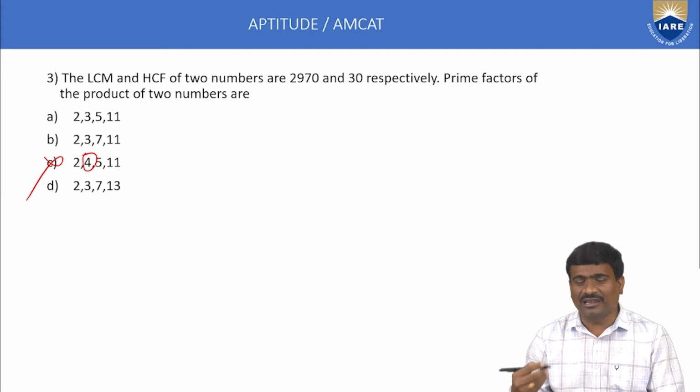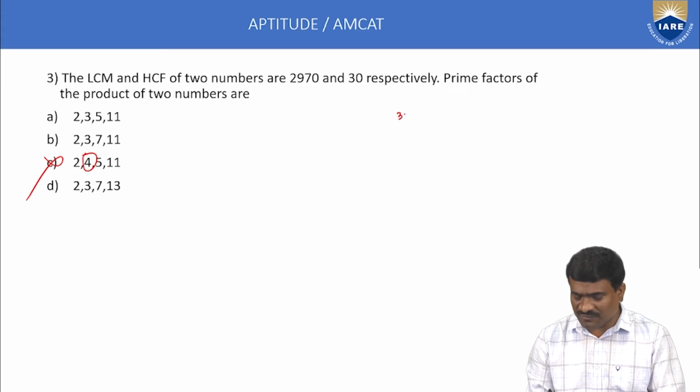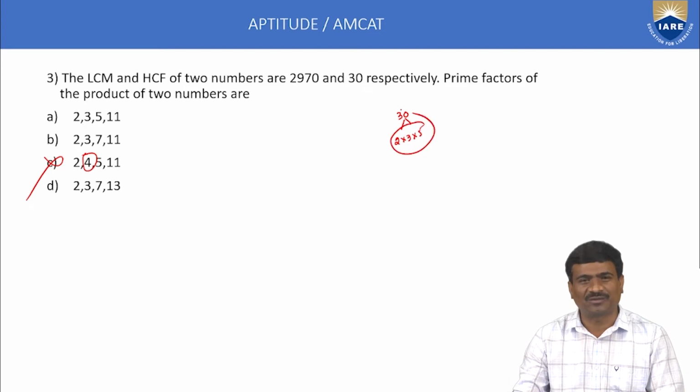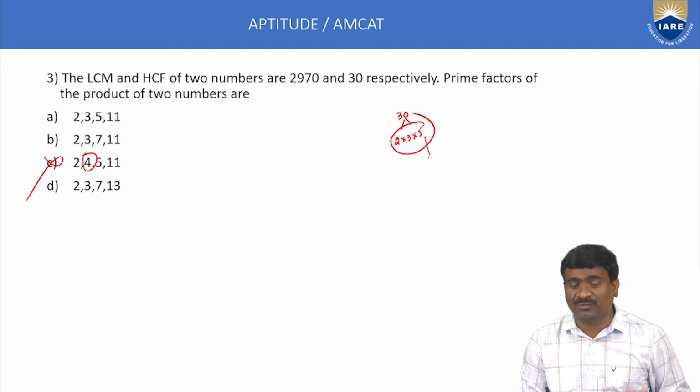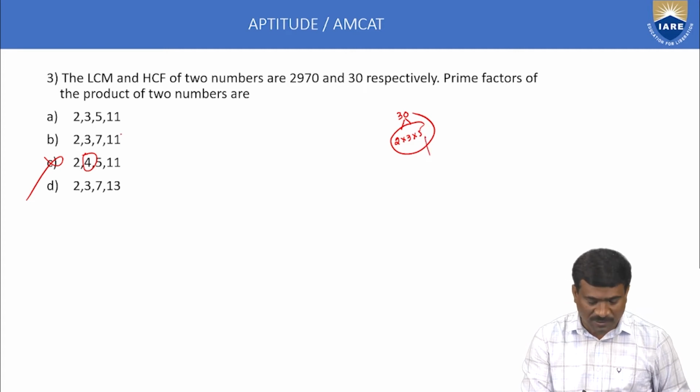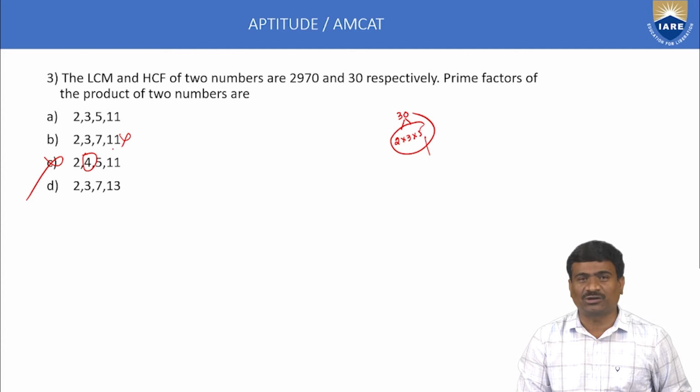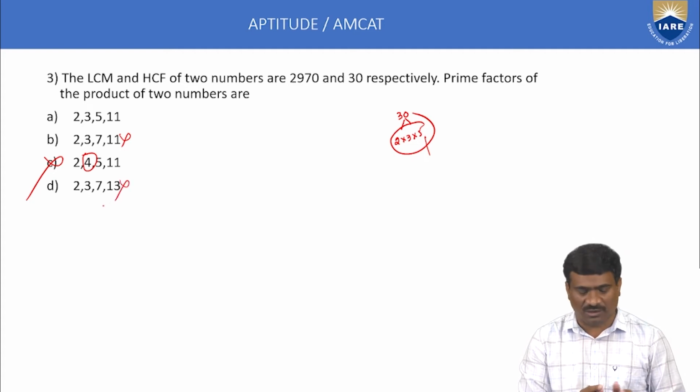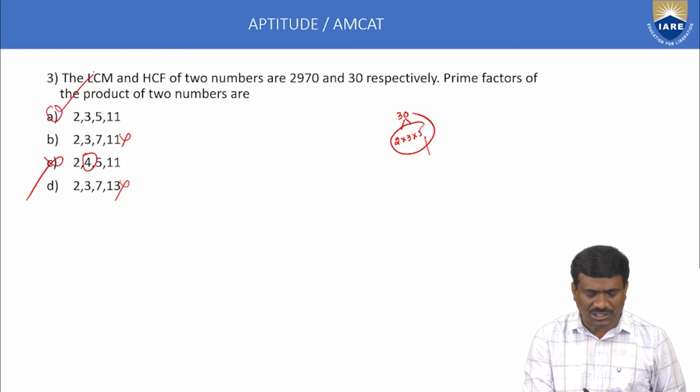Next, convert LCM and HCF into prime factors. First, HCF: converting into prime factors, 2 into 3 into 5 is equal to 30. So 2, 3, 5 are common prime factors. But in option B, 5 is not available. Option C, and option D, 5 is not available. 5 is available only in option A, so only A is correct.